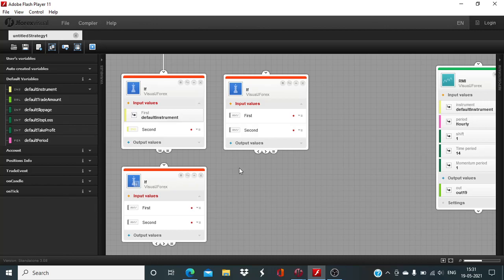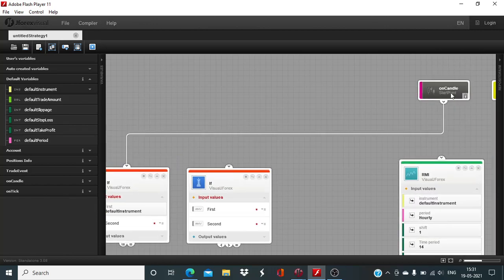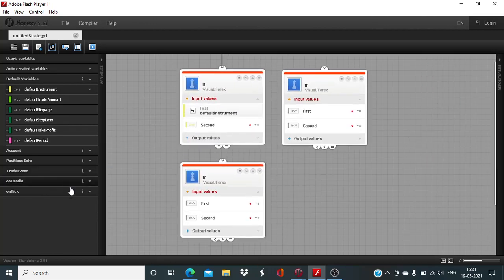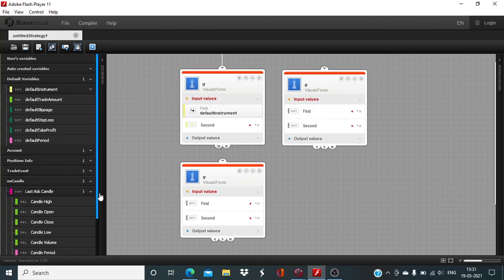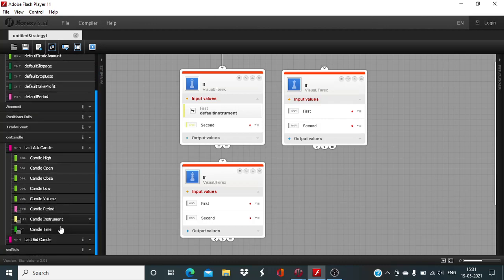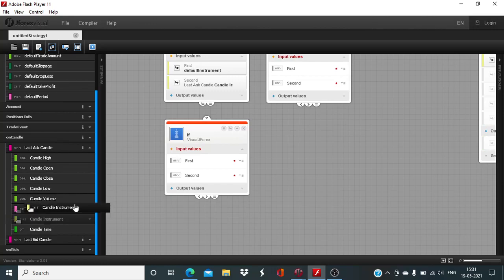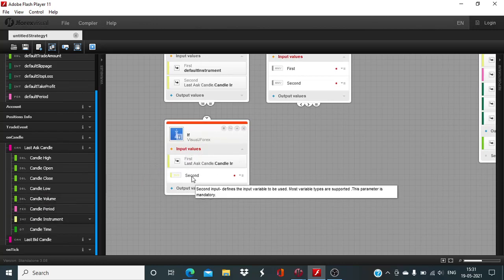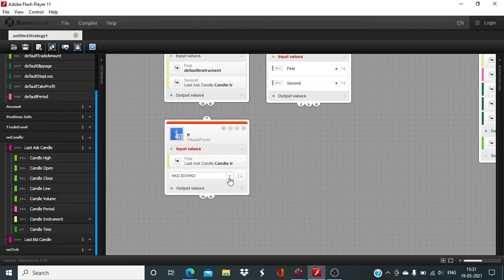Default instrument should match candle instrument as we are using on candle as our start point. And then this should match the instrument of our choice, which is going to be Euro USD. Here it is.